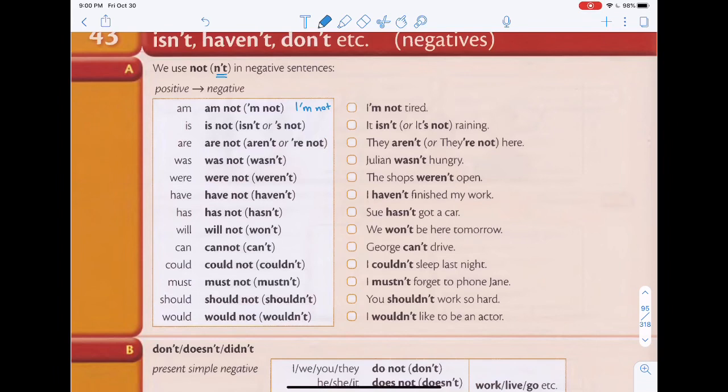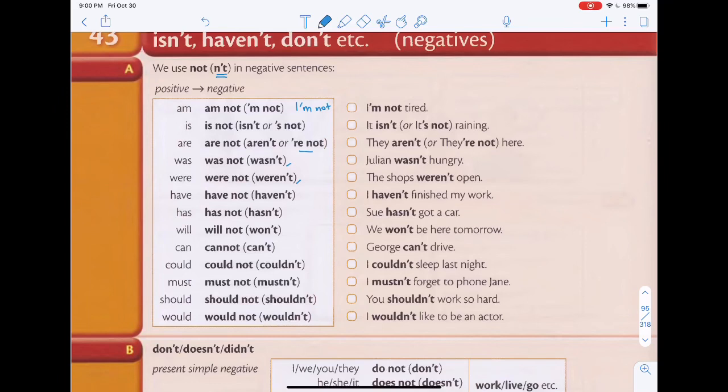Is will become is not, so it'll be isn't, or apostrophe s not. Are will become are not, aren't, or like this. Was will be was not, shorten it to wasn't. Were will be were not, shortened to weren't.